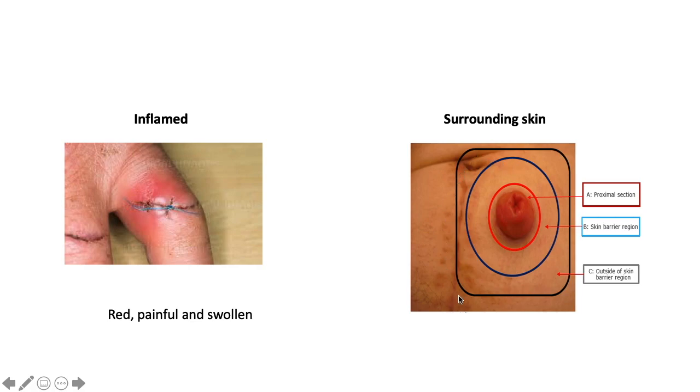However, we need to understand that the surrounding skin of the stoma or of any wound, the surrounding skin is that skin that is around the wound. In this case, it would be all of this, right? All of the skin around the wound is the surrounding skin.